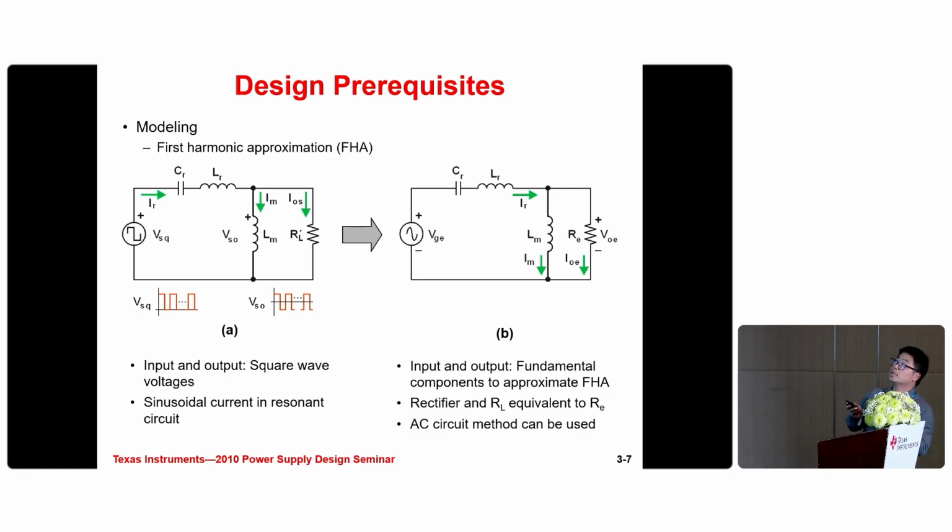To model the LLC converter, we can use FHA, which means fixed harmonic approximation. From this side, we can see that the input and output are both square waveform voltages.